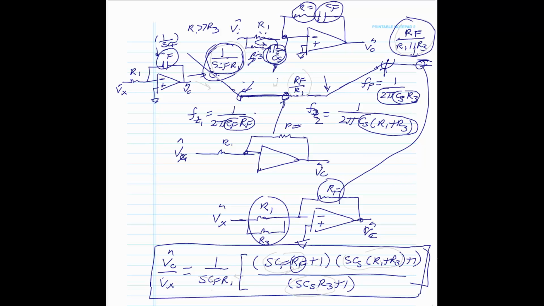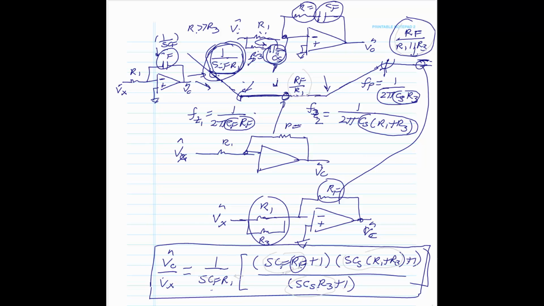So you can see at low frequency, when S is much less than 1, this is 1, this is 1, this is 1, and you have this. That's this circuit coming down right here. That's this. So it follows. Then in the mid-frequency, what's the mid-frequency? Well, at this point here is when C sub F RF is bigger than 1.